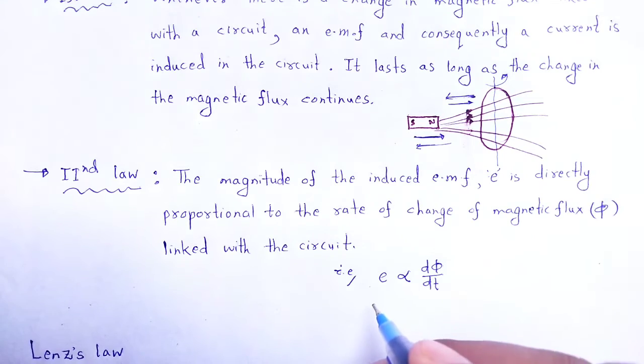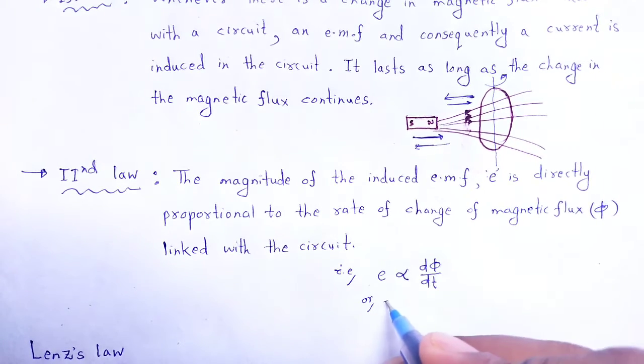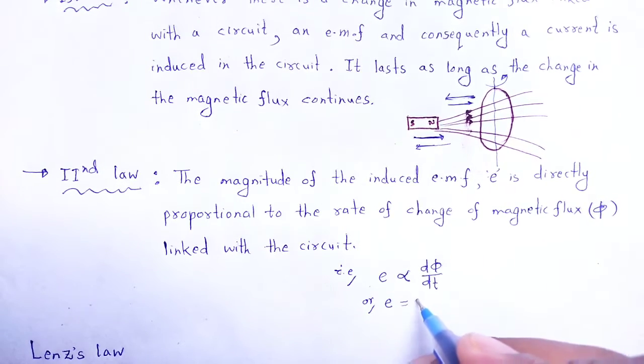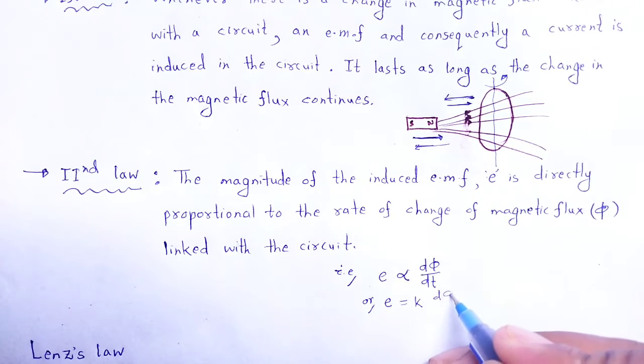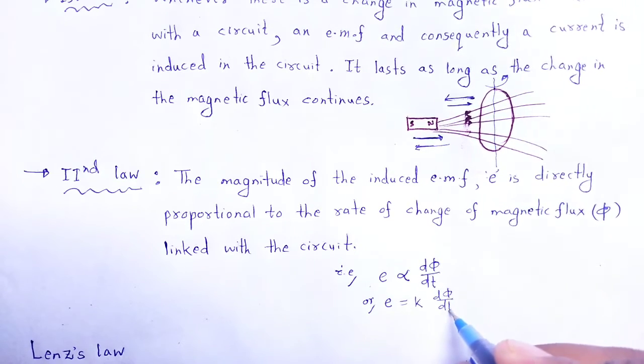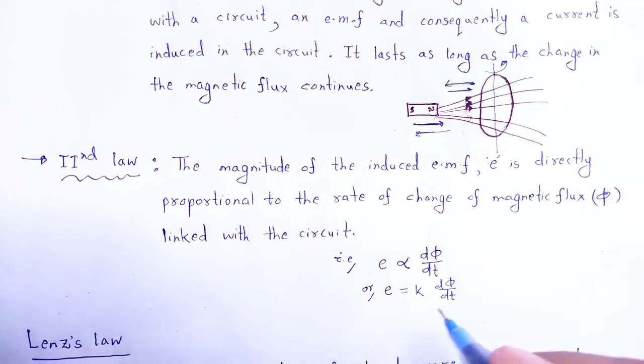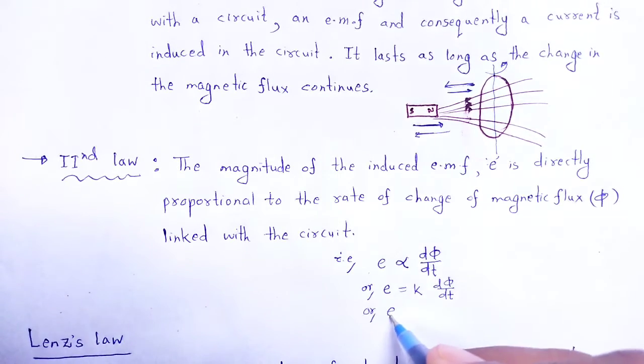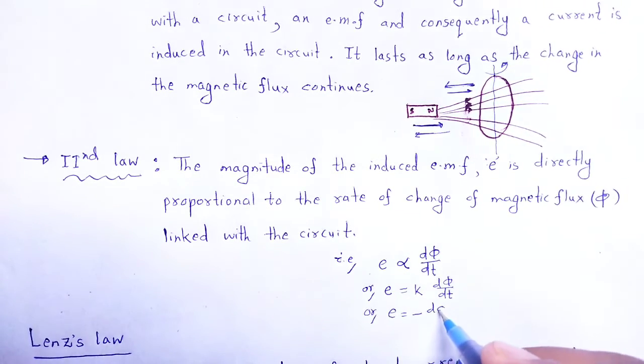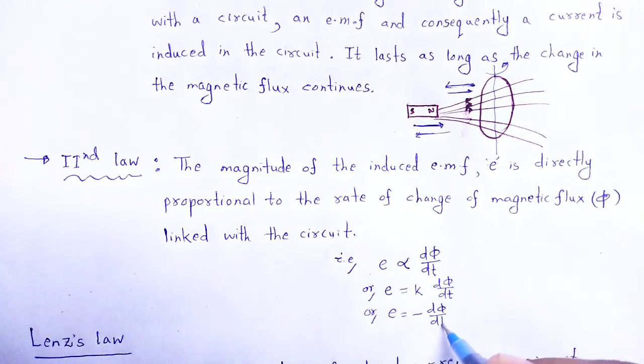Here we use the proportionality constant k, so E = k d phi by dt. The value of k is 1, therefore E is equal to minus d phi by dt.